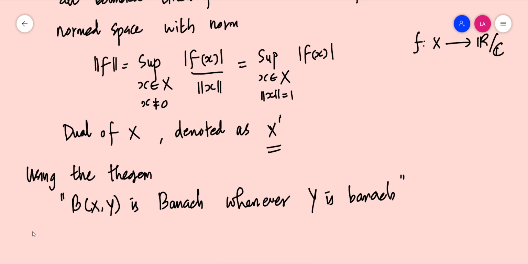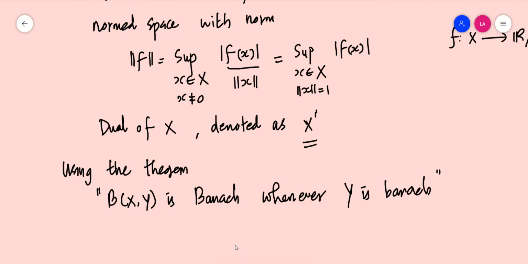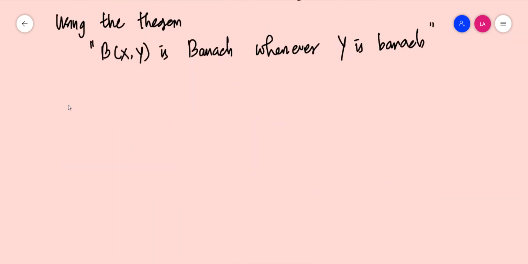So we can state the theorem: the dual space of X is actually a Banach space, because here the set of all linear functionals is defined from X to R, and the set of all real numbers or the set of all complex numbers are complete spaces, which means that X dash is the collection of all linear functionals, which is a particular case of linear operators, from a normed space X onto a complete space.